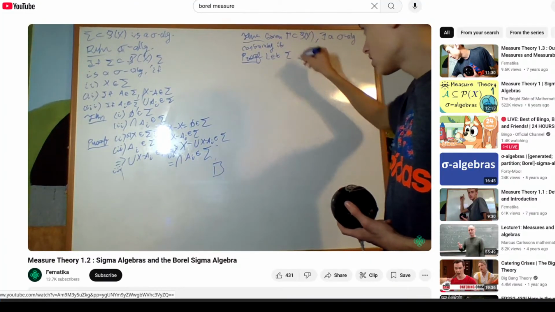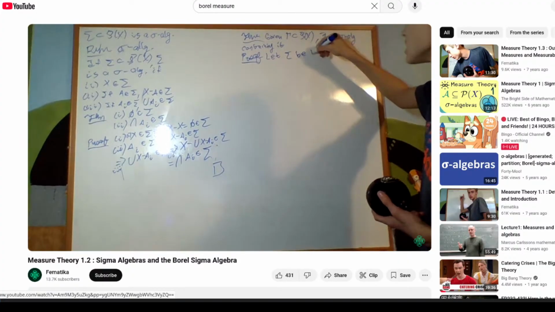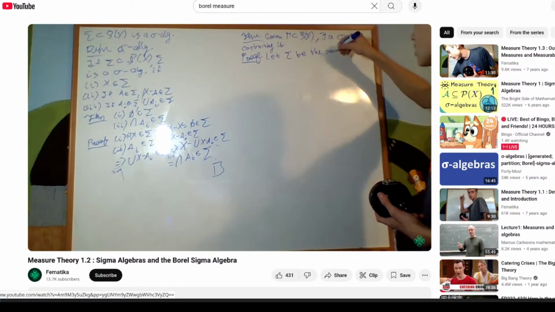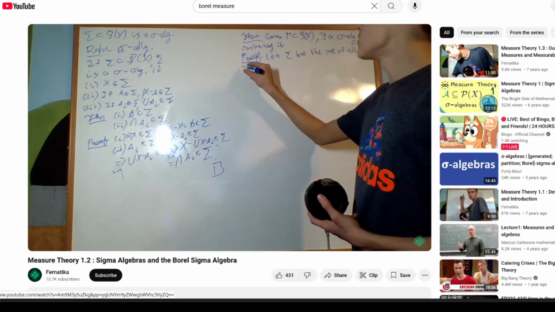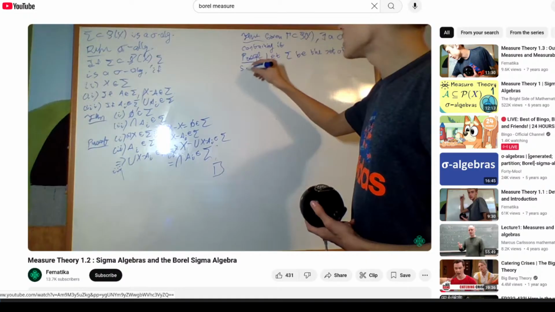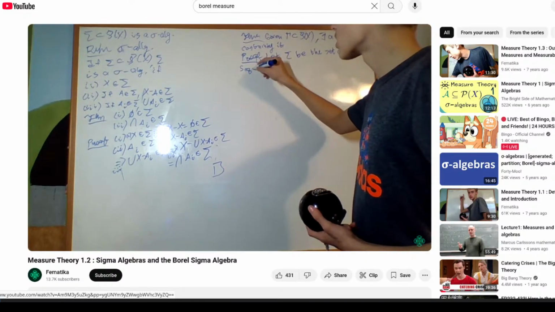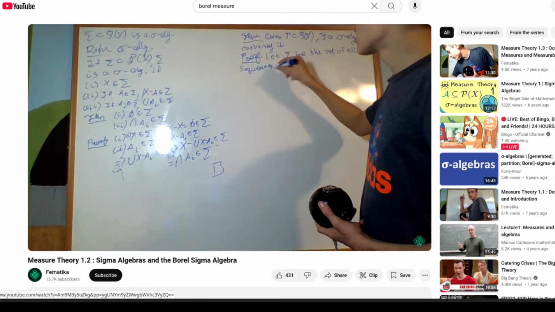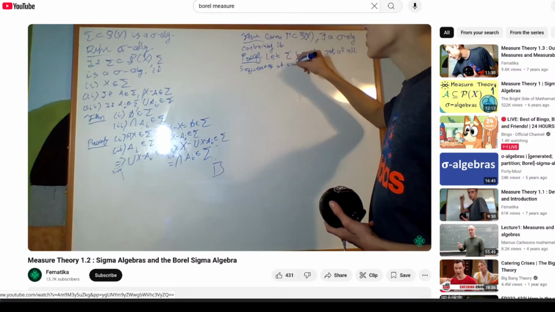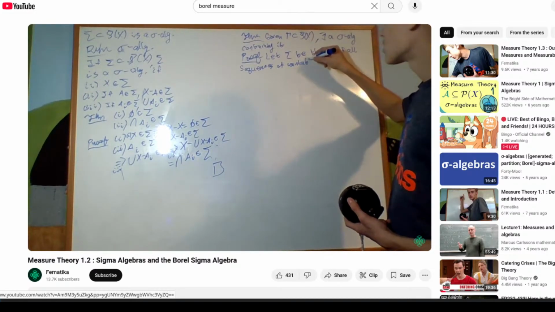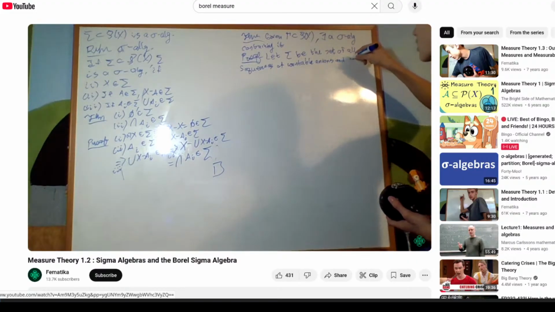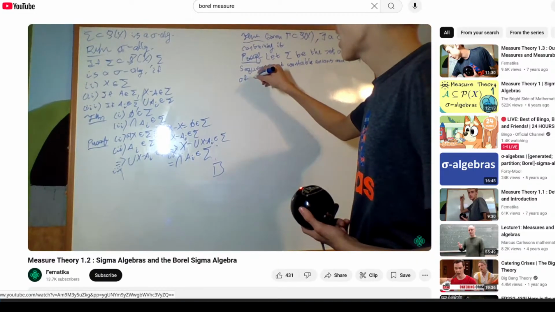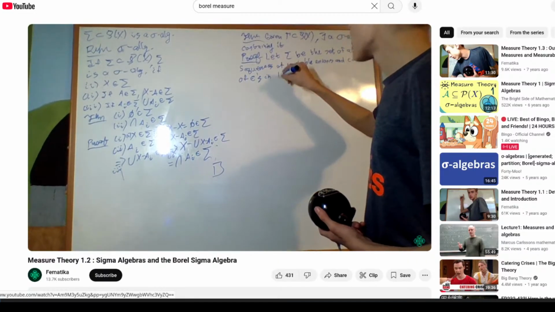Let sigma be the set of all sequences of countable unions and complements of elements in gamma.